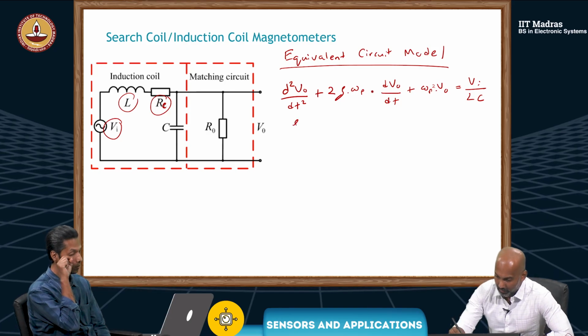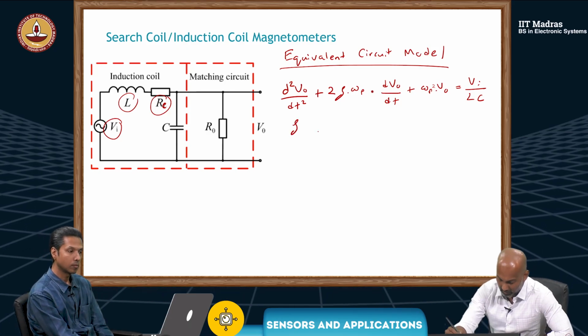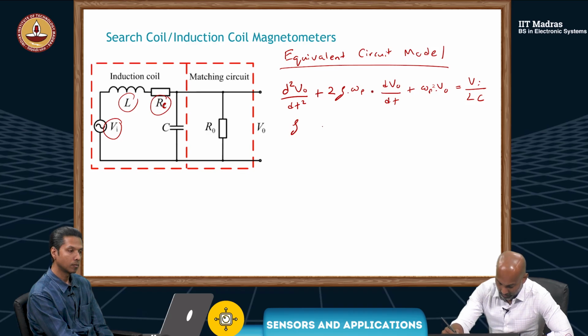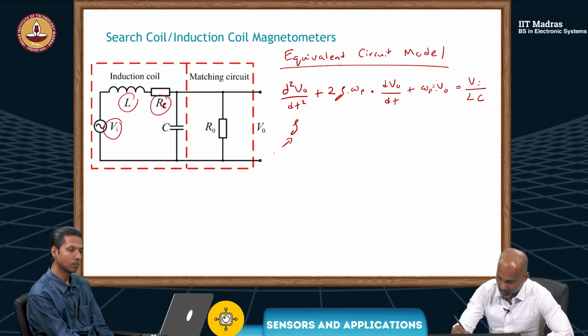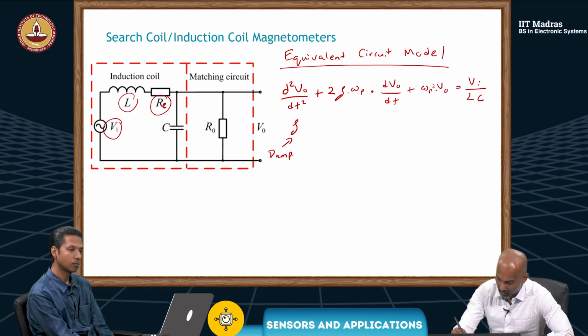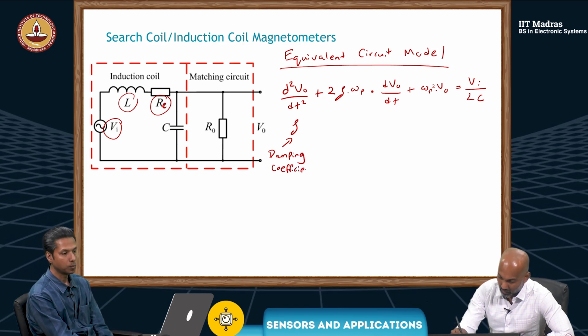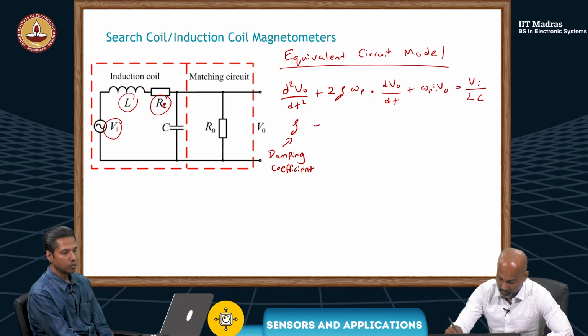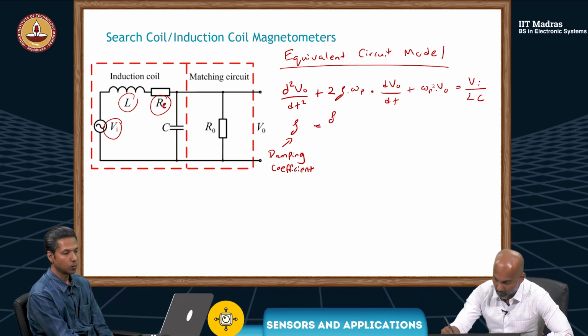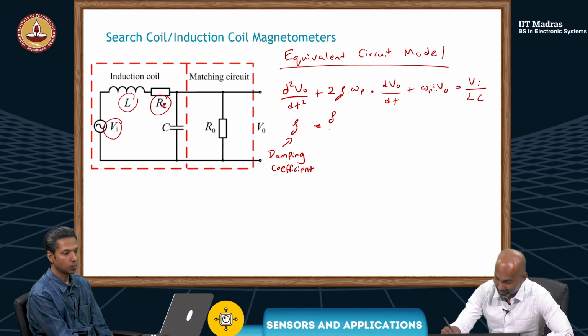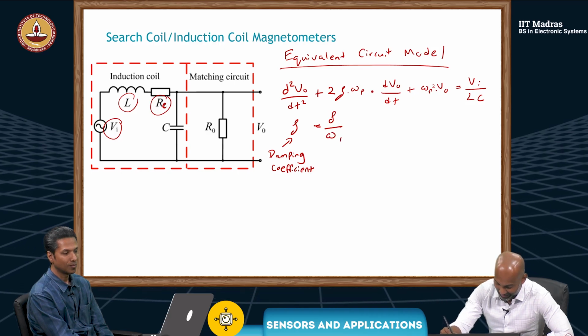If you look at zeta, it's what we call the damping coefficient, and that is equal to sigma. Sigma and zeta are nearly the same, but they are not.